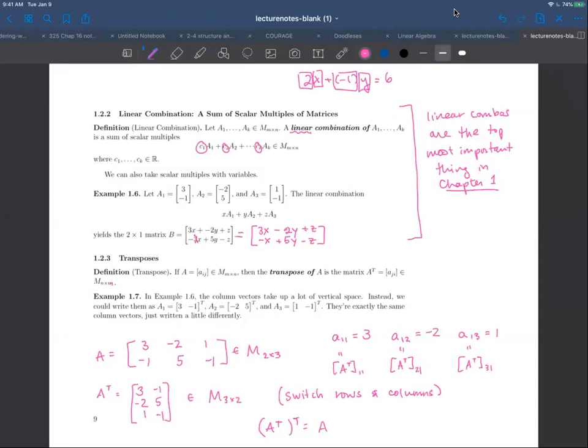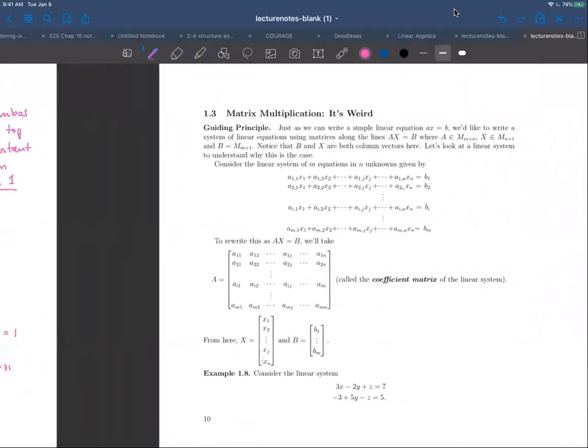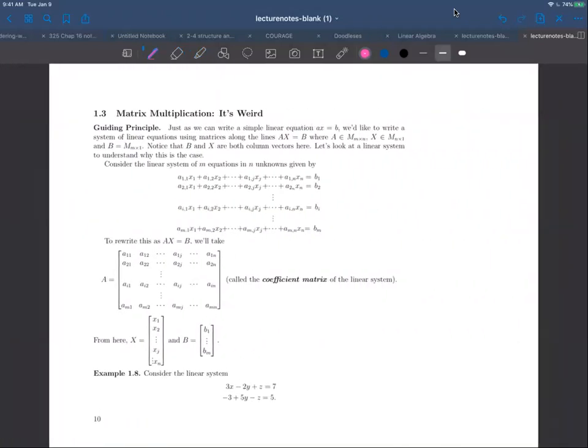All right. We are going to talk about matrix multiplication next time, and we're going to tie it into linear combinations. So you see here, we've got this linear system of equations.